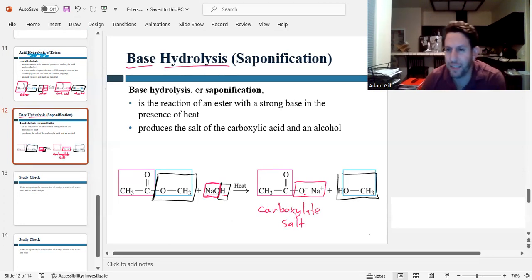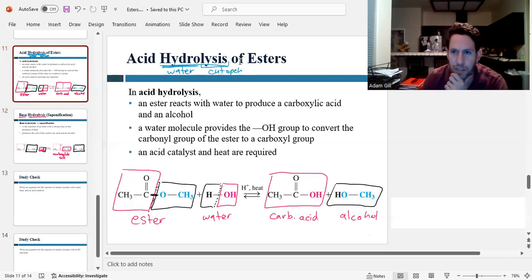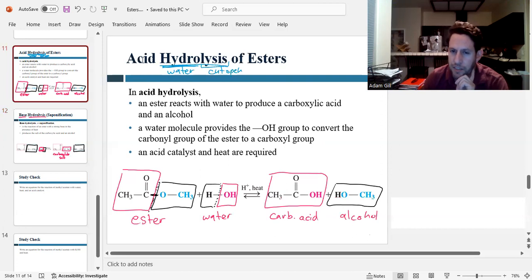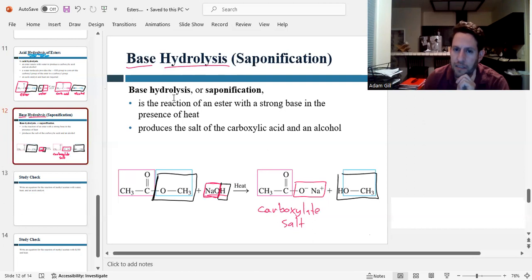And so that's the key difference between acidic hydrolysis and basic hydrolysis. Under acidic conditions, you get the carboxylic acid. Under basic conditions, you get the carboxylate salt as the product.